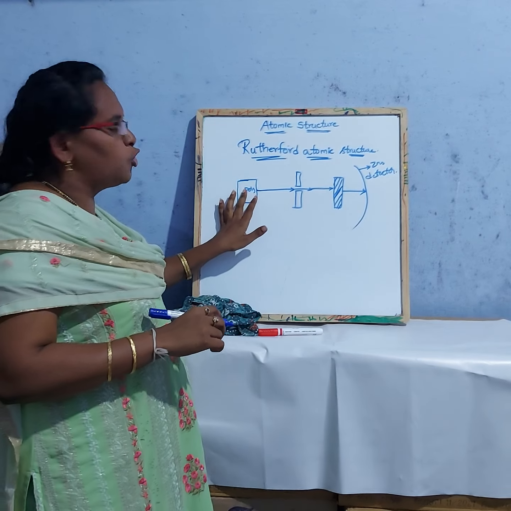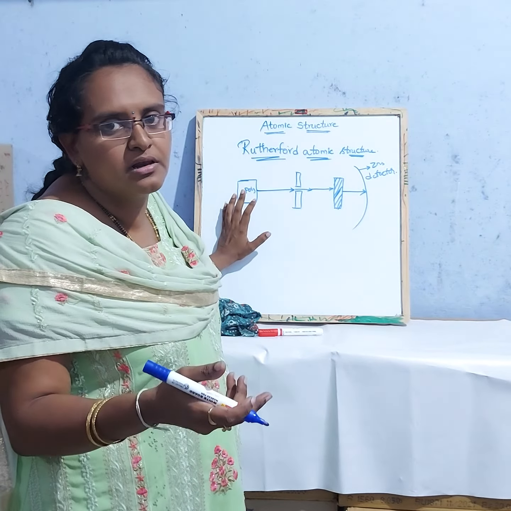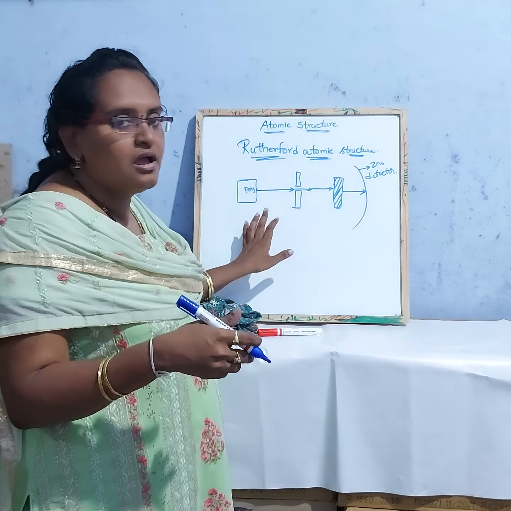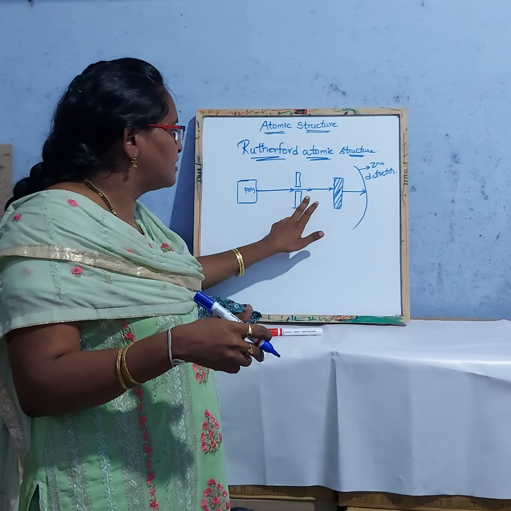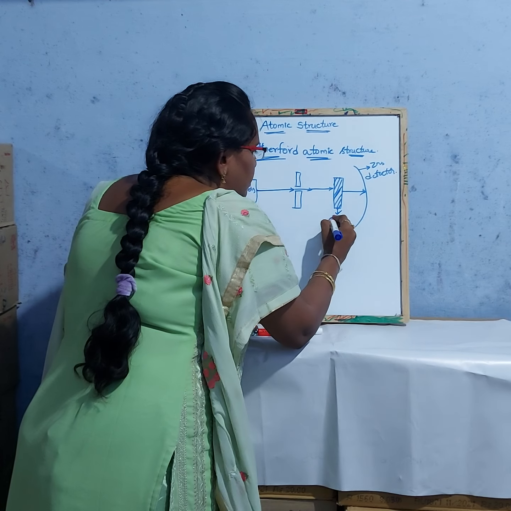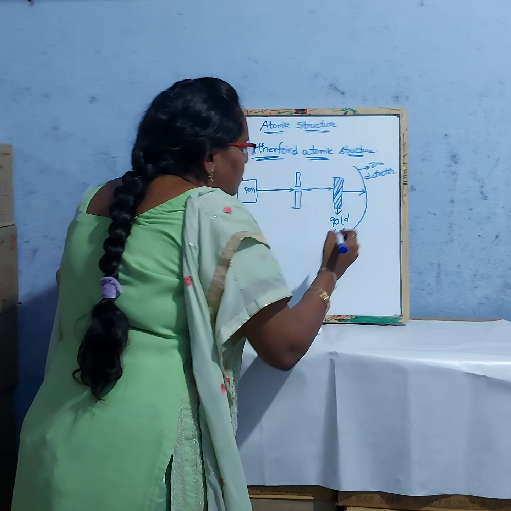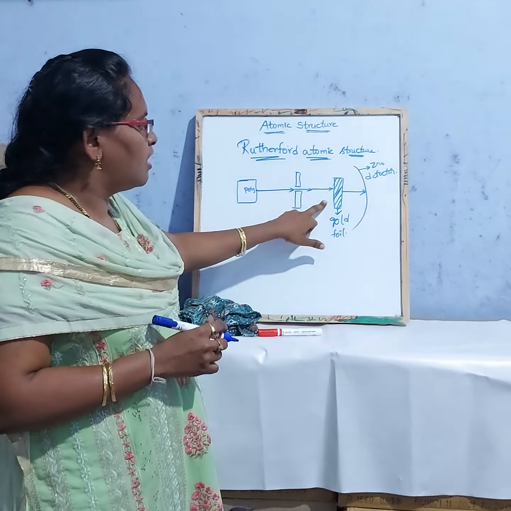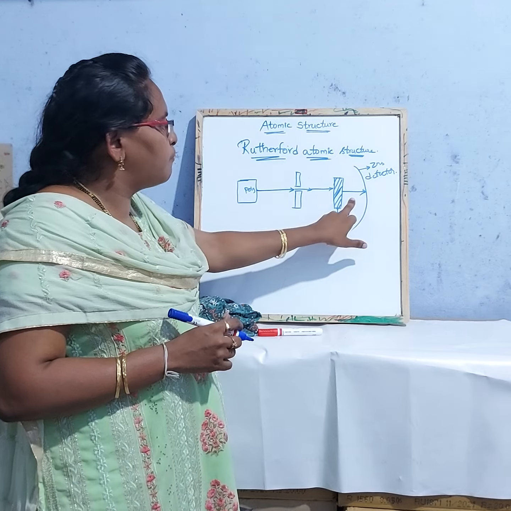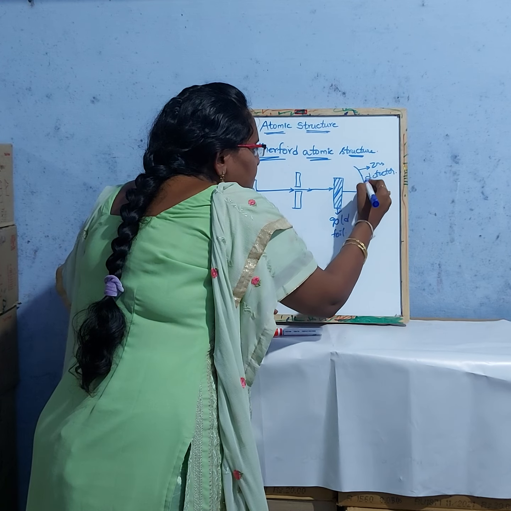Here the polonium source is taken. Polonium is a radioactive metal. It emits alpha particles and it is allowed to pass through a slit. Then it is allowed to pass through a thin gold foil, and the rays from the gold foil pass through and hit the zinc sulfide detector.